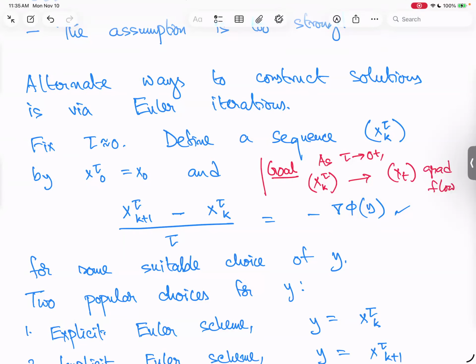That's really what I'm looking for. I'm looking for the sequence to converge in some way to a curve, where the curve will satisfy the ODE of gradient flow. That's my goal. So I'll give an example to show that the explicit scheme may actually fail to converge.